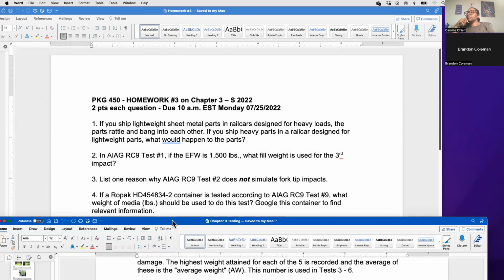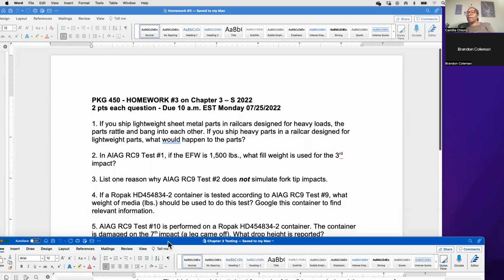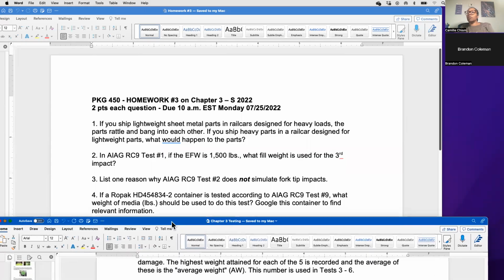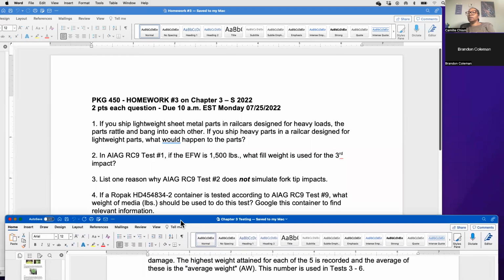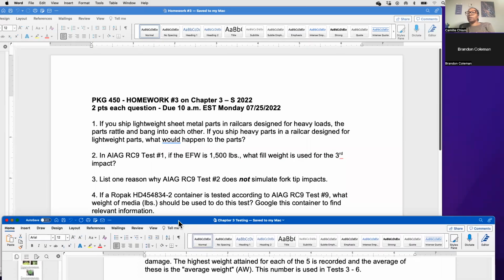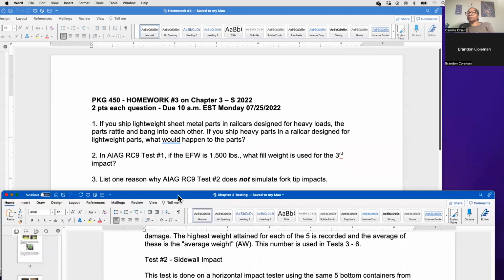If you're running this according to AIAG test number 9 for RC9, what weight should you use to do this? And if you need some more information, you can go to Google and you can Google that particular container, the 45, 48, 34, and it's a Ropac.